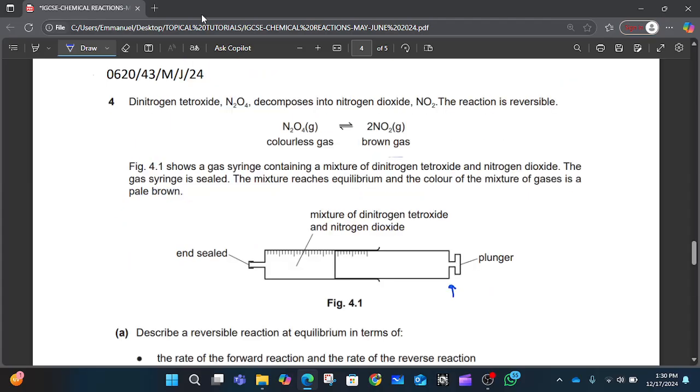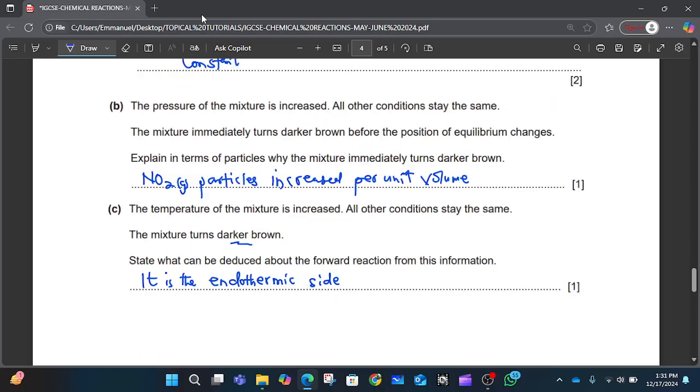And we were told that as the temperature was increased, the mixture became darker brown, which means that the equilibrium was shifting to the product side, which is the NO2 side. So therefore, as the reaction is shifting to this side, it means that the product side is the endothermic side. So you have to say it is the endothermic side of the reaction.